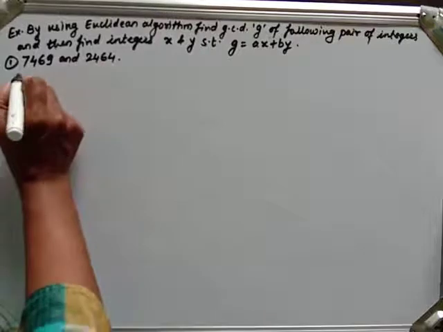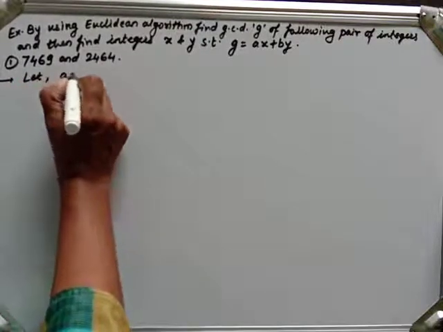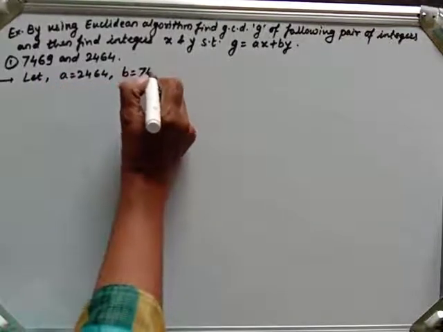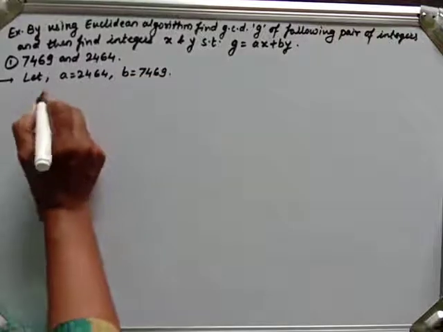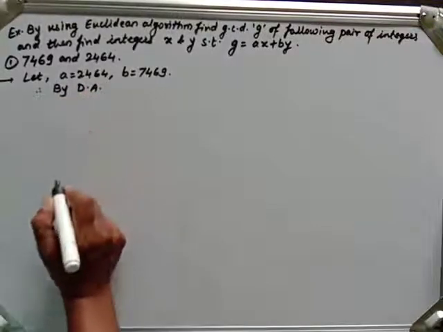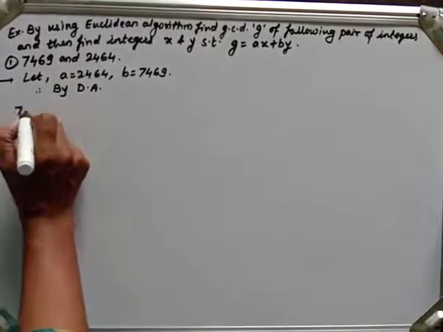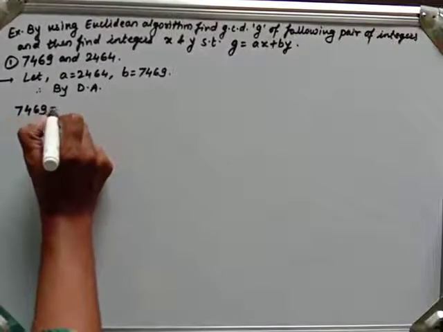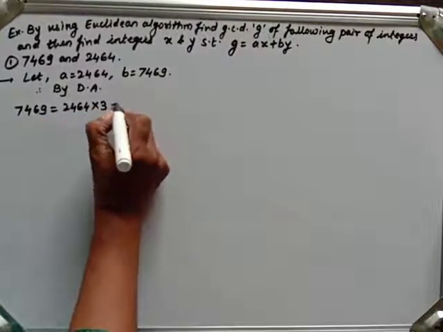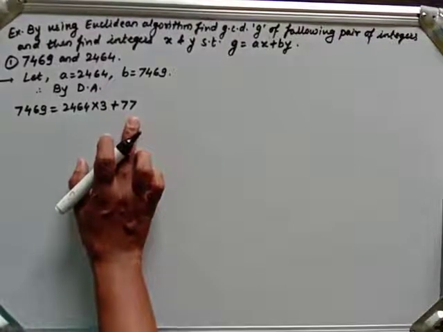Now here let A is equal to 2464, B is equal to 7469. So by division algorithm, what do we get? 7469 is equal to 2464 multiplied by 3 plus we get 77. So quotient will be 3, 77 will be the remainder.